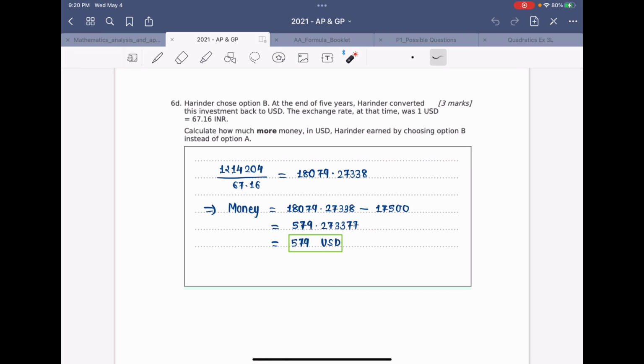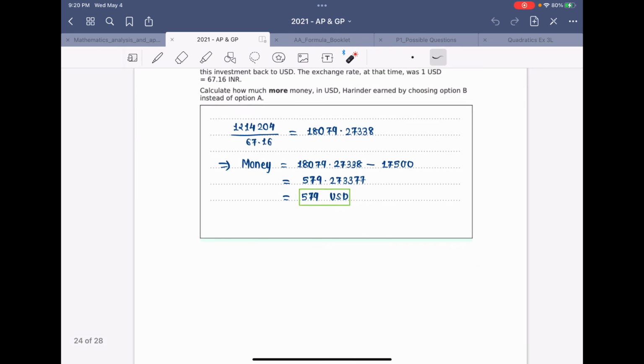In the first option, he is getting 17,500. In the second option, he is getting this amount. So the difference between them is the money he is getting extra, which is 579.273377. So round off to 3 significant figures, which is 579 USD. So he is getting extra 579 USD.